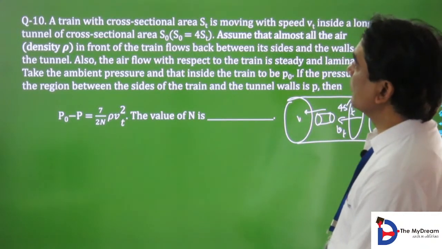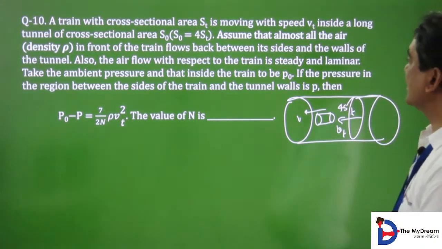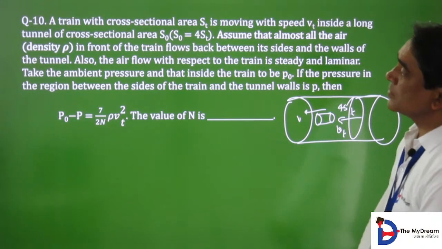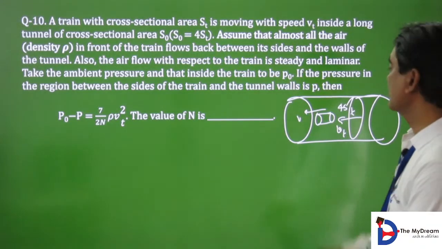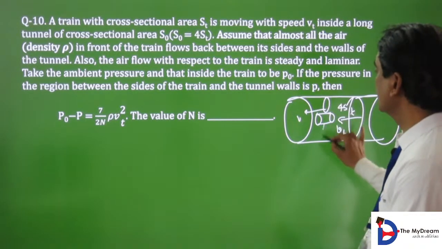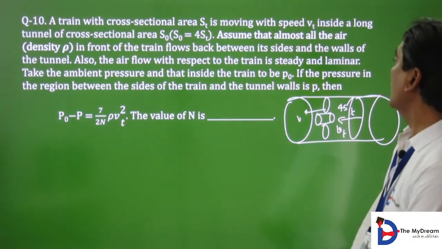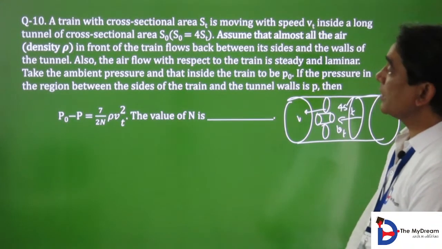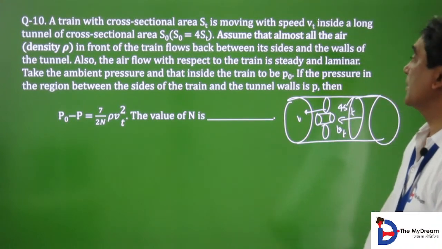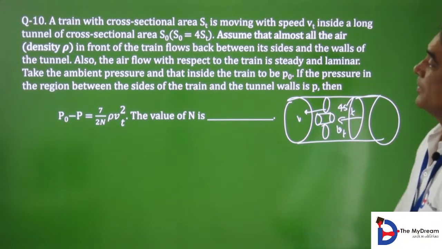In front of the train, air flows backward between its sides and the walls of the tunnel. Also the air flow with respect to the train is steady and laminar.